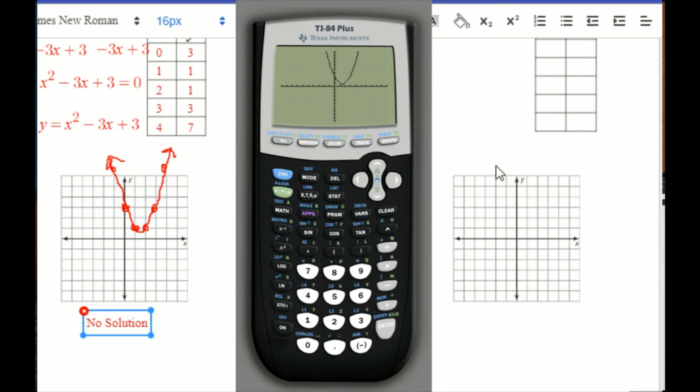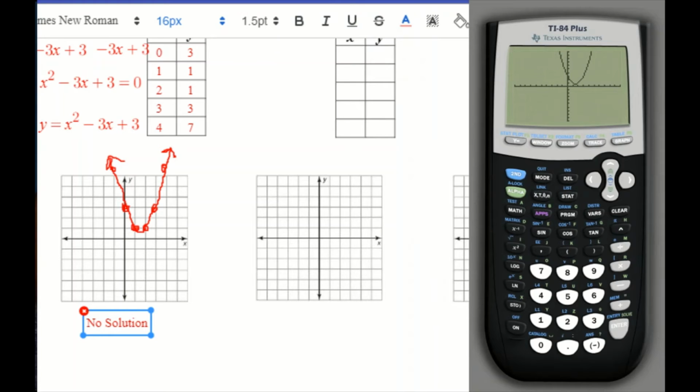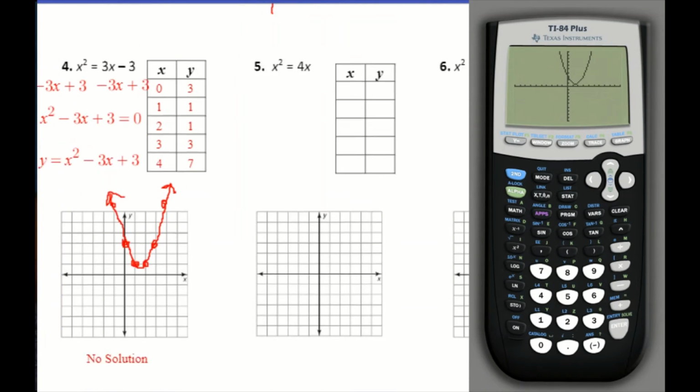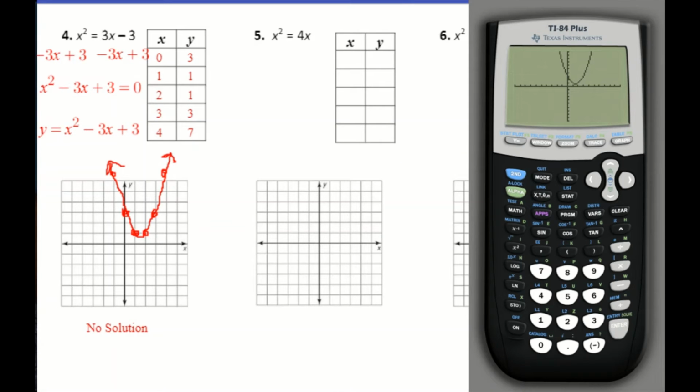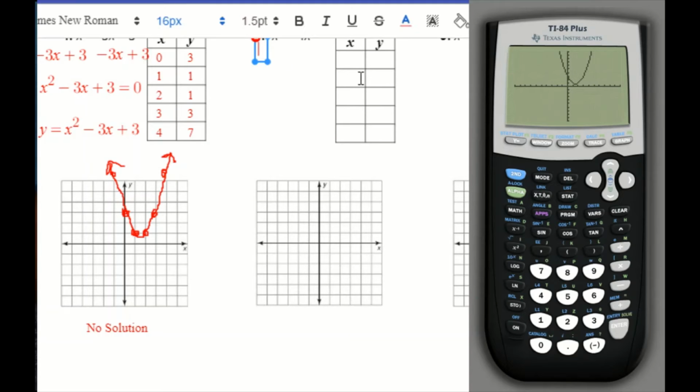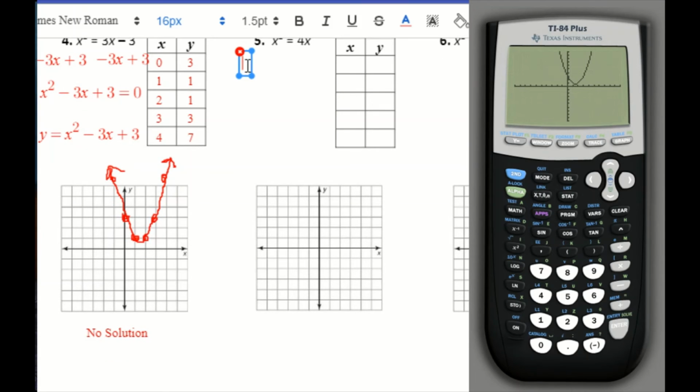Now let's take a look at number 5. Let's move this calculator out of the way. Again, this is not equal to 0, so we need to move the 4x over to the left-hand side, and we can do that by subtracting 4x from both sides.